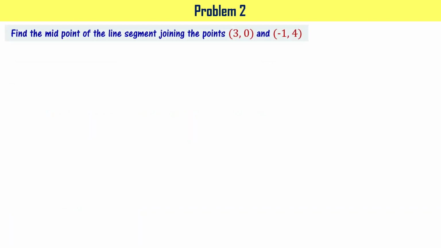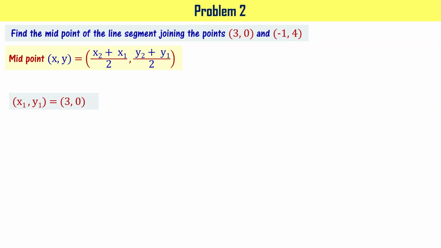Find the midpoint of the line segment joining the points 3, 0 and minus 1, 4. So we have the midpoint formula x, y equal to x1 plus x2 divided by 2, y1 plus y2 divided by 2, right? Here x1, y1 is 3, 0 and x2, y2 is minus 1, 4.